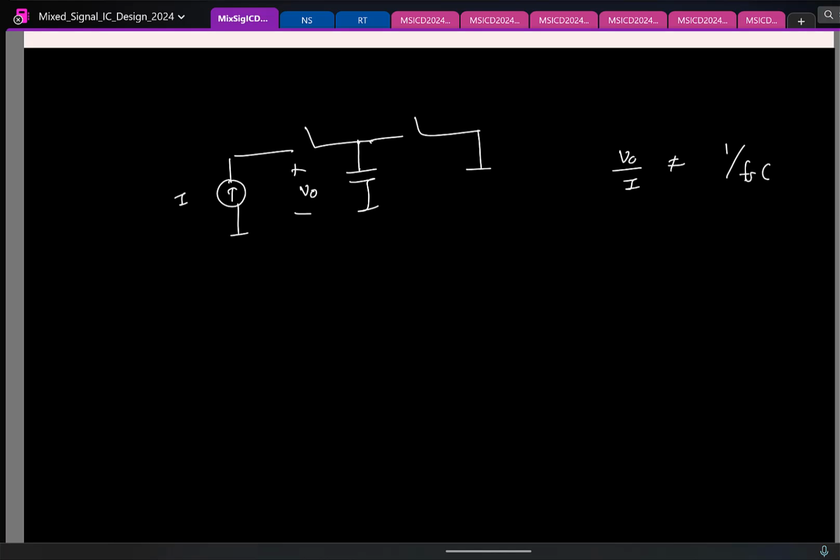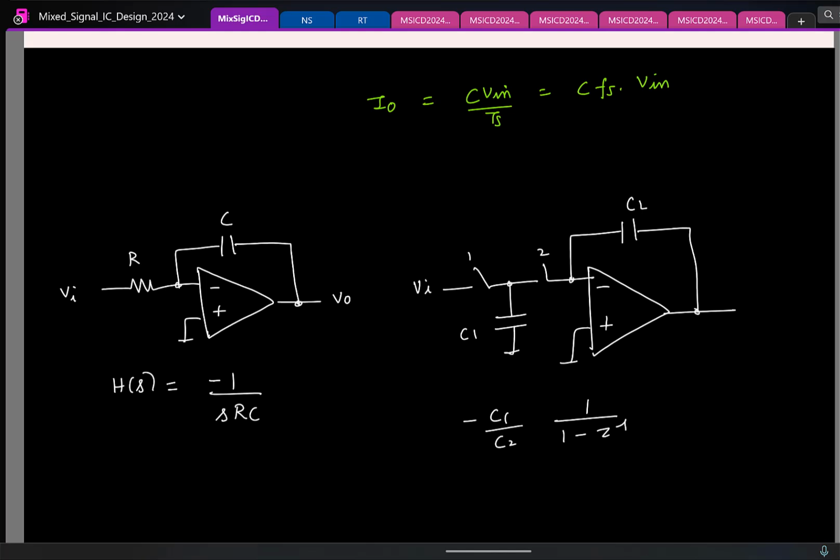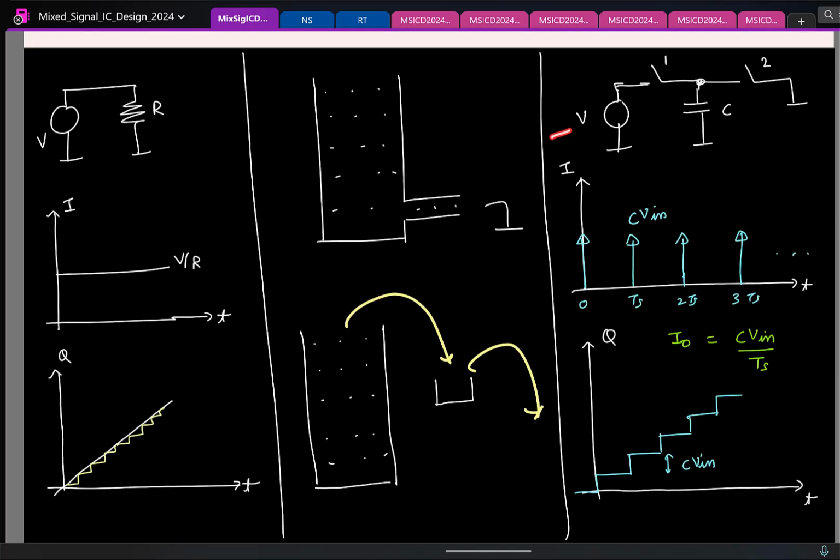And the reason it's happening is, as we saw here, even though I applied a voltage at DC, the current not only contains a DC term, but also contains all other frequencies at Fs, 2Fs and so on. So only if you define an impedance or admittance which takes into account all these frequencies can you claim that the impedance and admittances are inverses of each other.